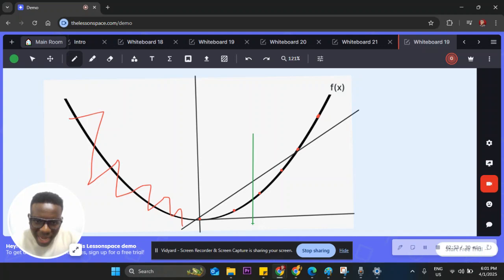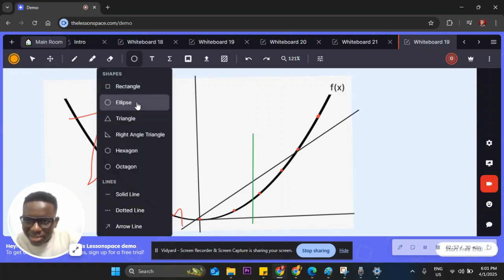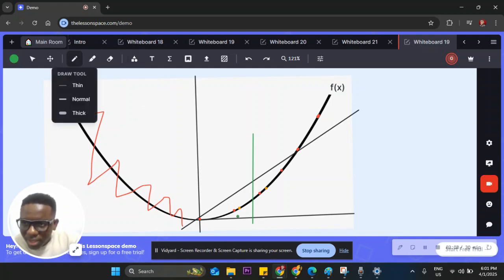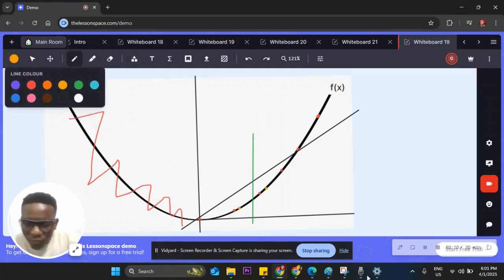Then, an idea we can come up with is that at least let us decrease our delta x in order to find a better approximation than what we started with. We can come here and again we can say, okay, we are going to find our tangent line right here.